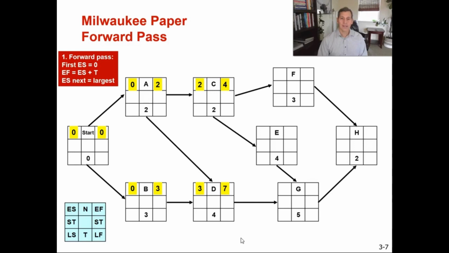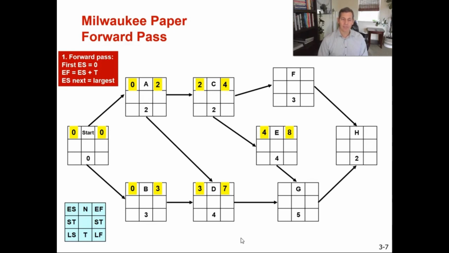All right, now let's go to E. E only has one immediate predecessor, and that's C. The early finish for C is 4 weeks, so our early start for E is also 4. Activity E has a 4-week lead time, so 4 plus 4 equals 8.